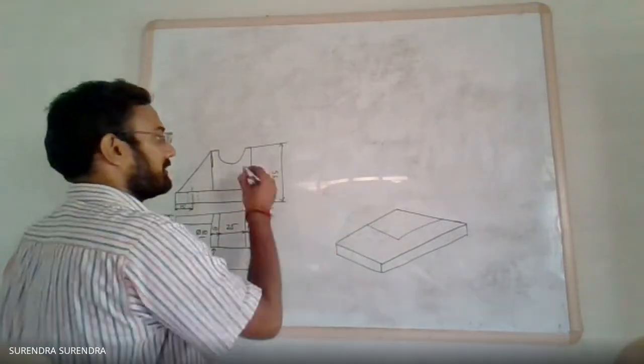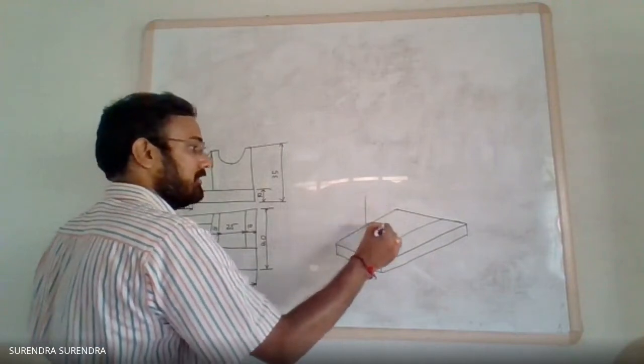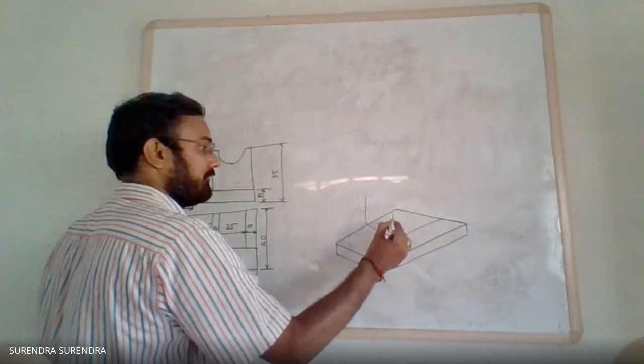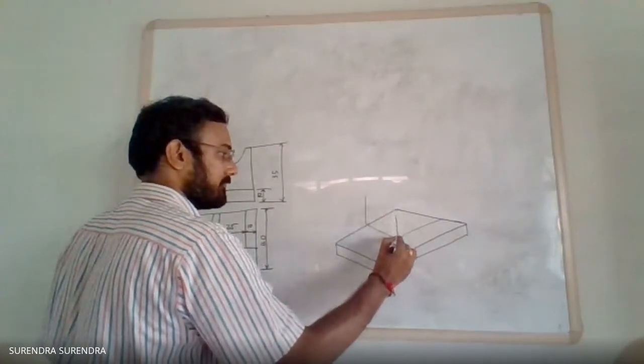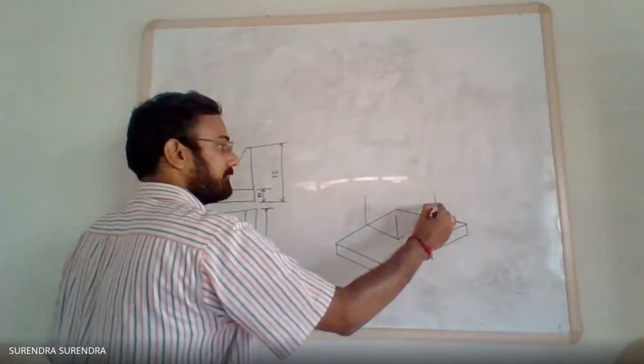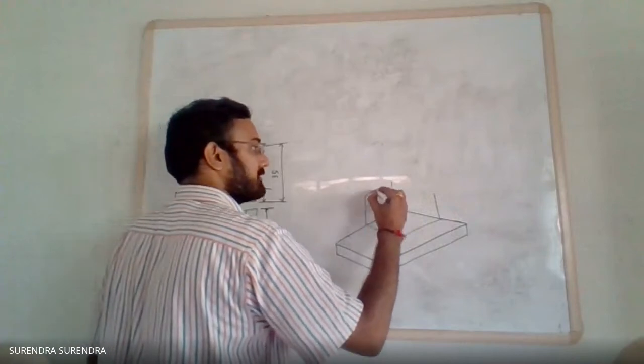Next, project point for a height of 25 mm. ప్రతి corner నుంచి కూడా draw lines for a height of 25 mm. Join the corners.